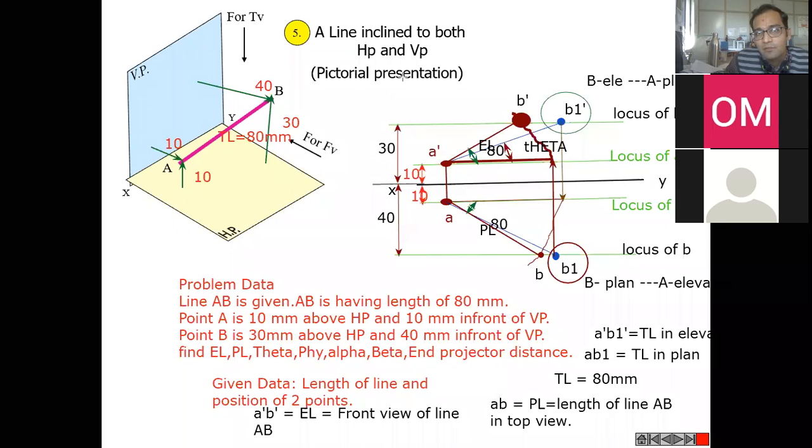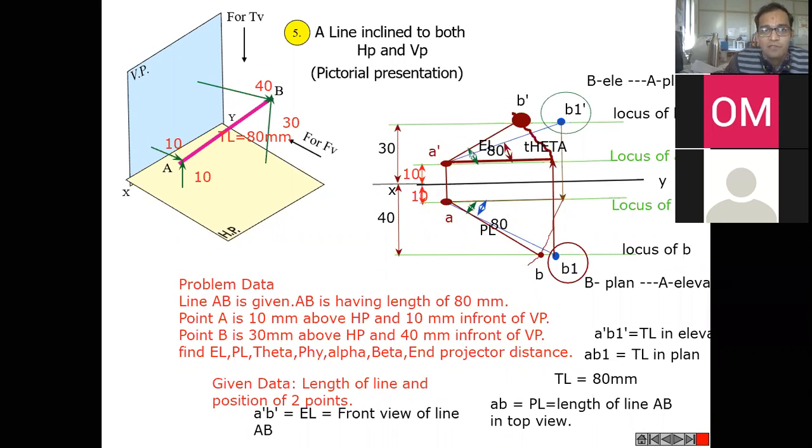The true length in plan is also going to have some angle. The angle formed by the true length in plan is called phi. True length angle with the vertical plane is going to be called phi, and the plan length angle with reference is going to be called beta.